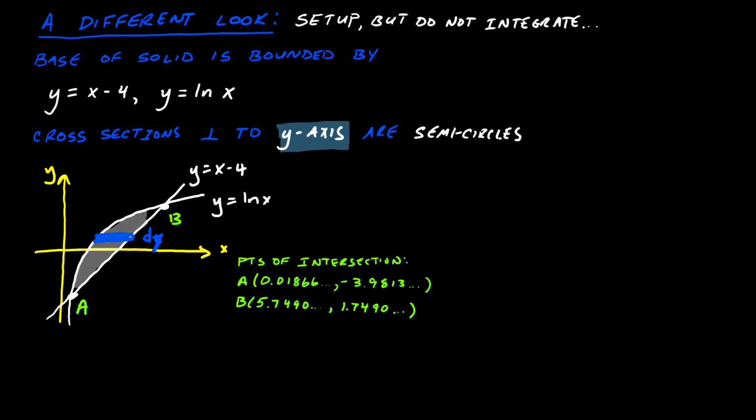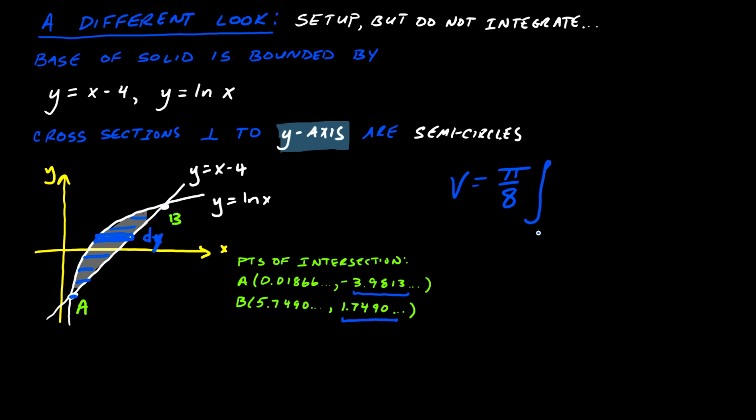So our formula is still going to be based on a semicircle. So the volume is going to equal pi over 8 integral, and whatever we're summing up from. So in our case, we're going from the bottom point, our slices are perpendicular. So we're going from A to B, and I already took the liberty of finding those points of intersection, and we're going to be using the y values.